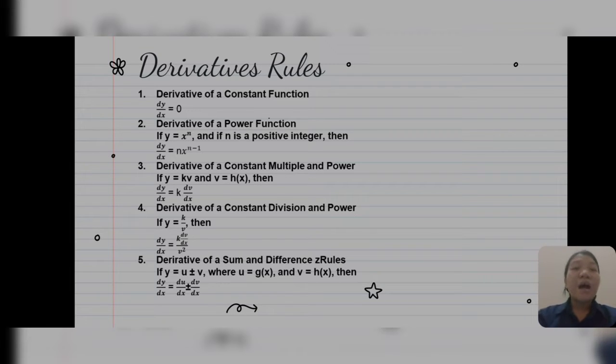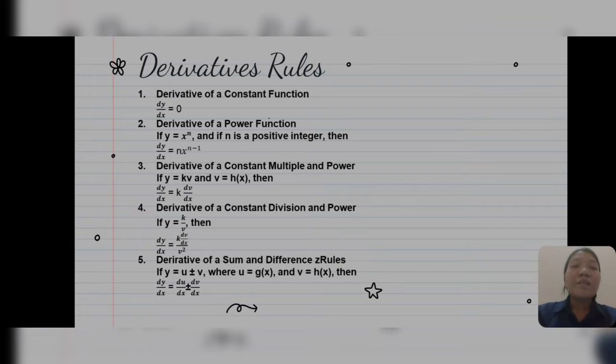Here, our function consists of one constant and a function. So if y equals k times v, and v is a function h(x), then the formula is delta y per delta x equals k times delta v per delta x.